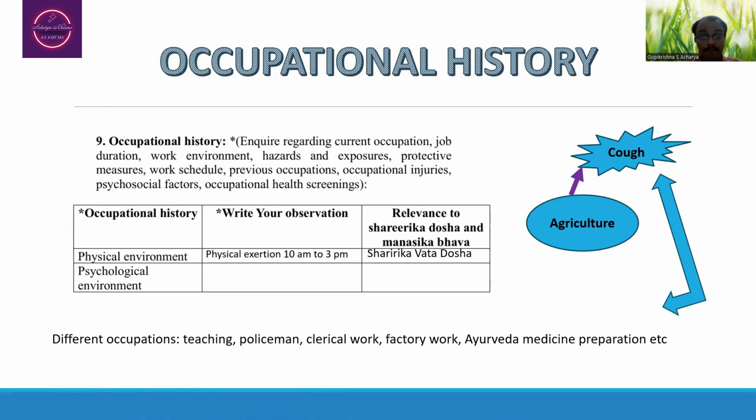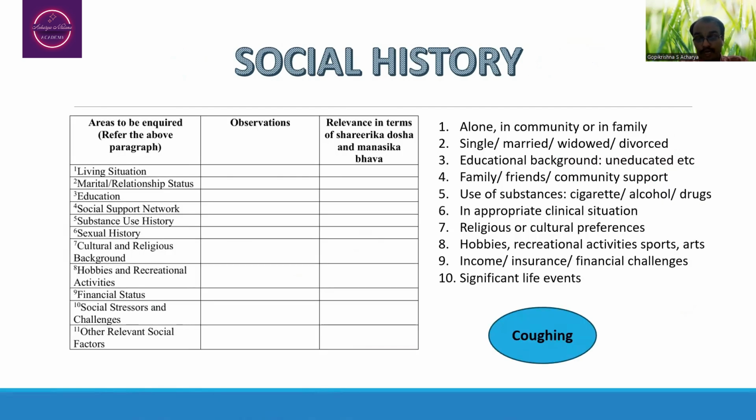In this way, for example, if the person is in agriculture and has physical exertion from 10 a.m. to 3 p.m., then we may suspect the Sharirika dosha affliction could be Vata dosha. So we can predict based on the occupation and on the social history.